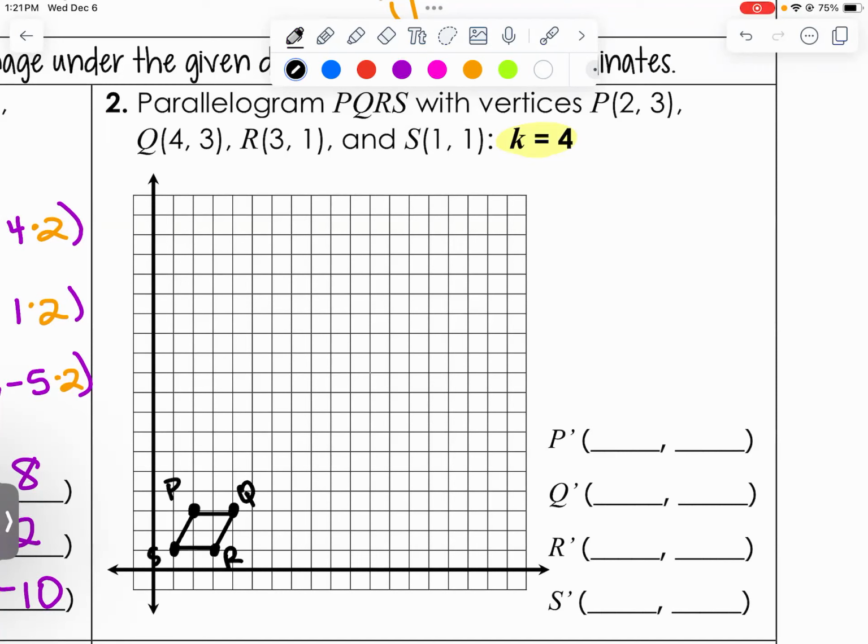Okay, so you're gonna take these coordinates. 4. Okay, 4.